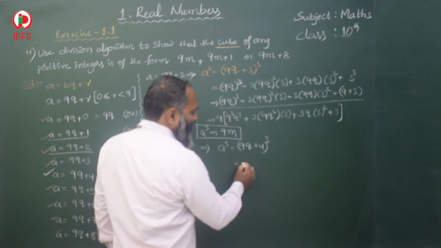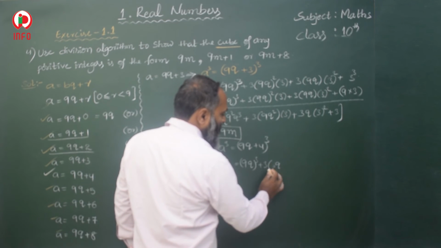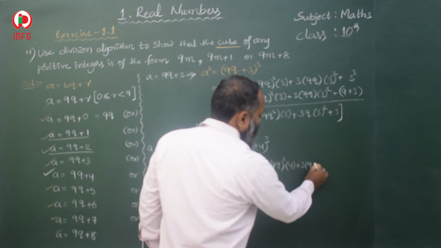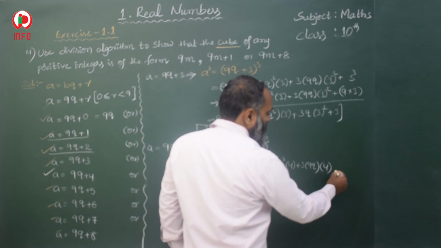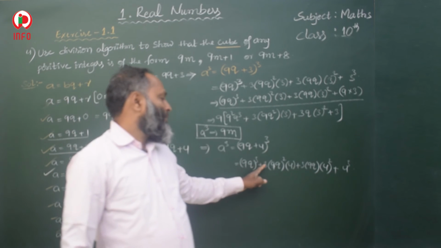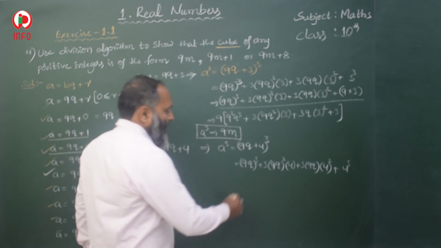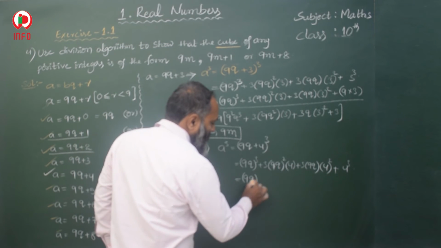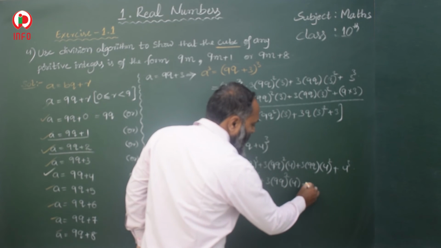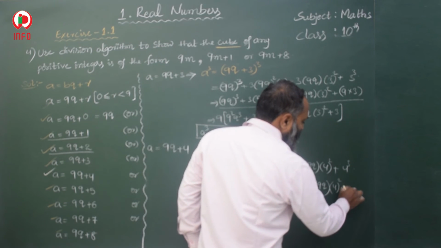Then using the a plus b whole cube formula, a cube plus 3 a square b, where a is 9 cube, so 9 cube whole square into 4, plus 3 a b square, 3 into 9 cube and 4 square, plus b cube, 4 cube.